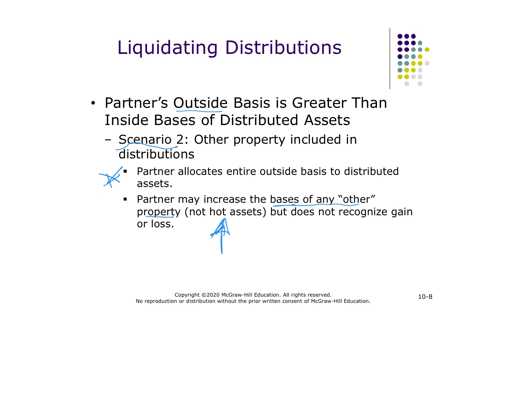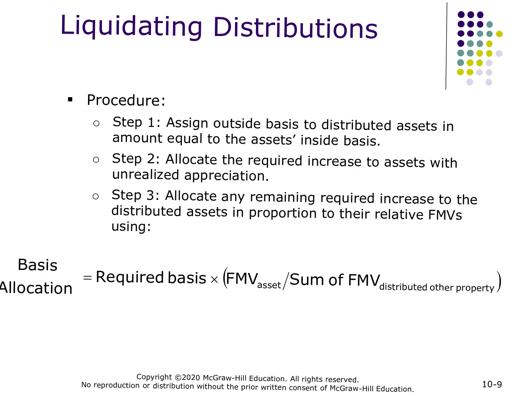But remember, you're not going to recognize any gain or loss even though you're redistributing basis, okay? So those are the big ticket items for scenario 2, okay? This is how you would actually go about assigning the basis to those assets, okay? And again, there's an example that is stepped through in the Canvas PowerPoints.